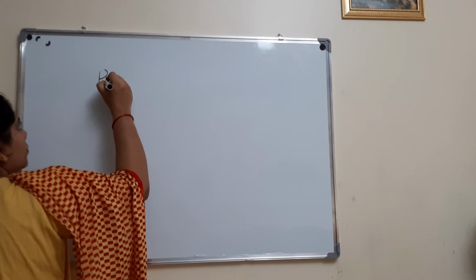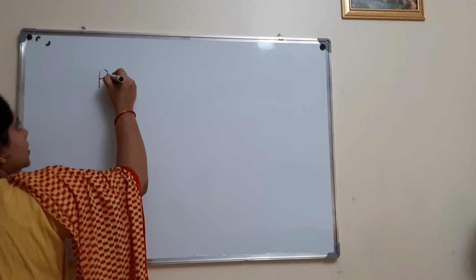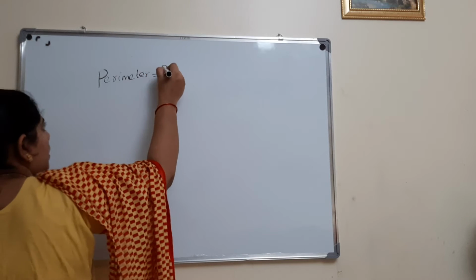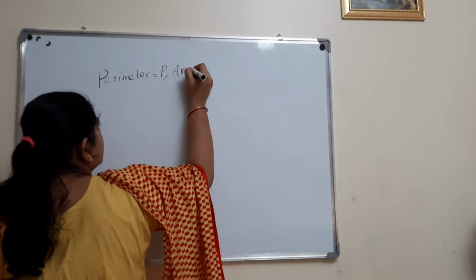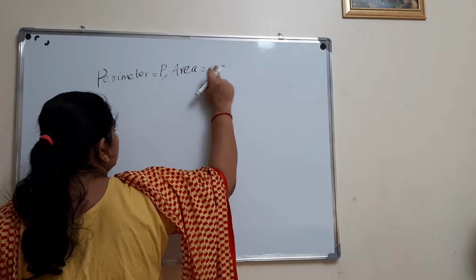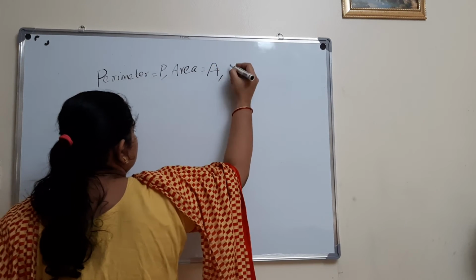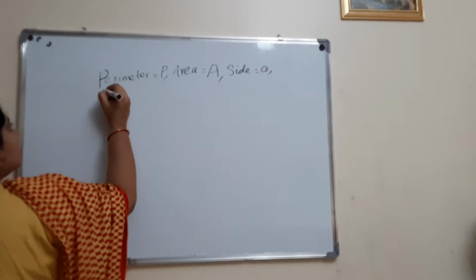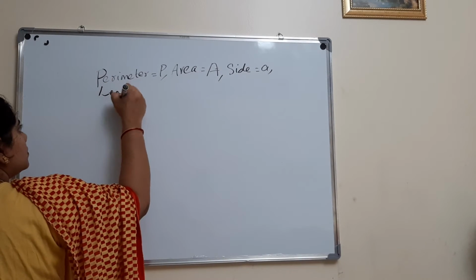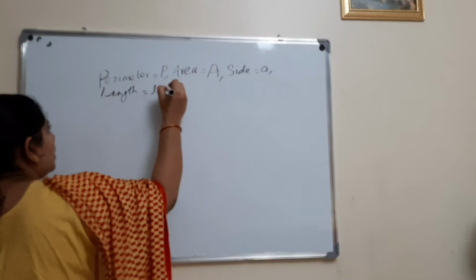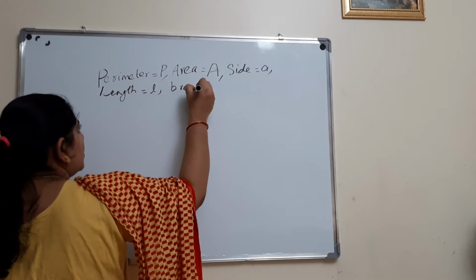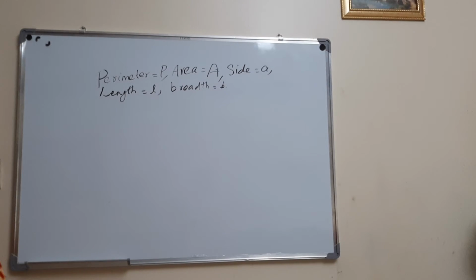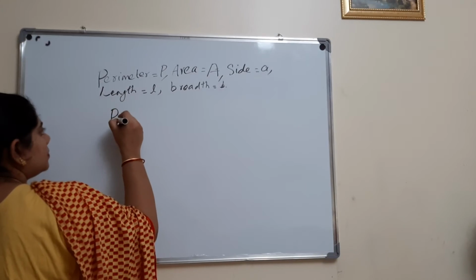So perimeter of a rectangle. I am denoting perimeter as P, area as capital A, side as small a, length as L, breadth as B. So what is the perimeter of a rectangle formula?